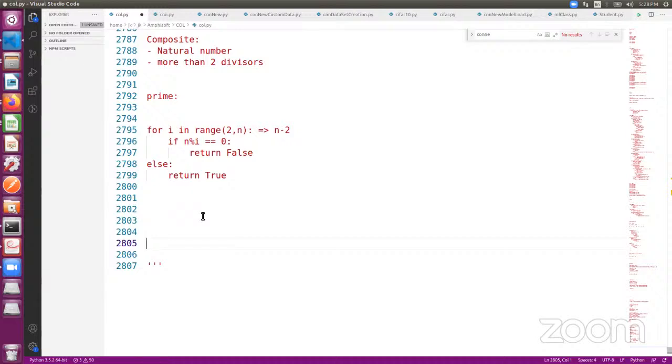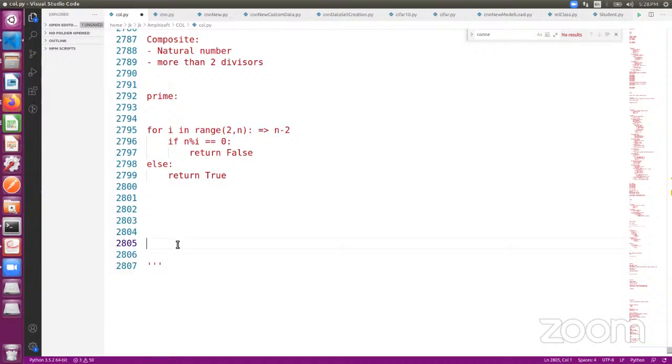It is 10. The next number after 10 is 11. Is there any number from 11 to 19 which divides 20? No, right? It holds for all numbers. Even if you take 100, from 51 to 99 there are no numbers that will divide 100. We know that none of these numbers are going to divide, but still we go till the end, so we can reduce that calculation as well.